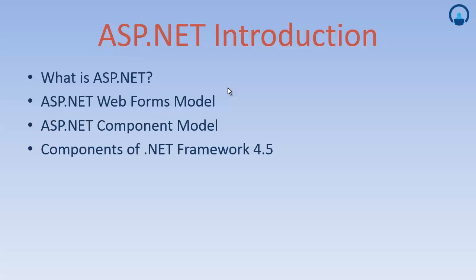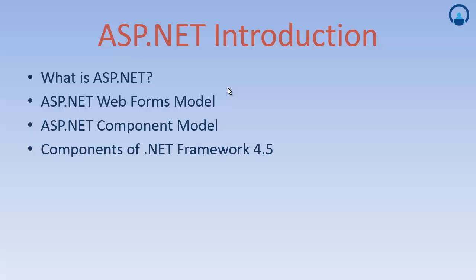ASP.NET is part of the Microsoft .NET platform. ASP.NET applications are compiled code, written using the extensible and reusable components present in the .NET framework. An ASP.NET application can be written in C# or Visual Basic .NET, and earlier we also had J# and JScript.